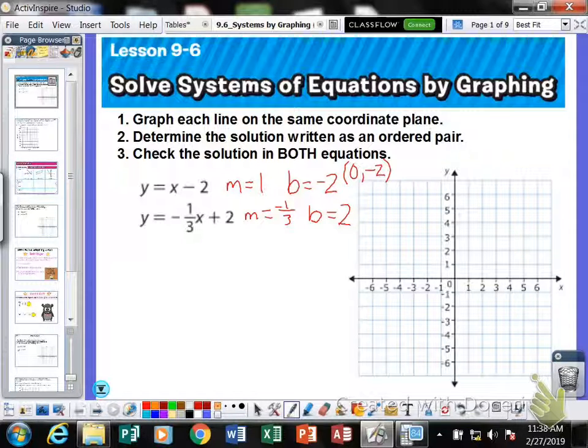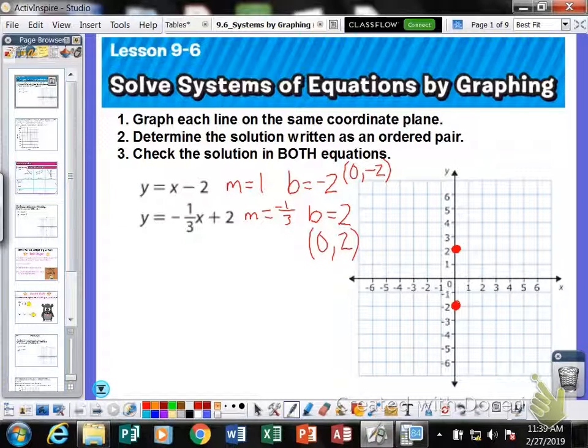Okay, so to graph that, my x is 0, so all I have to do is go down 2 on my graph here. So that would be my first point. And for my next one, I know my slope is negative 1/3, and my y-intercept is 2. If I were to write that as an ordered pair, it'd be 0, 2. So to graph that, I don't have to go anywhere on the x-axis. I just go up 2 on my y-axis.